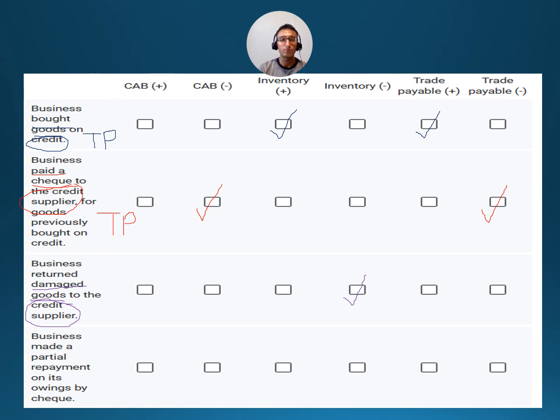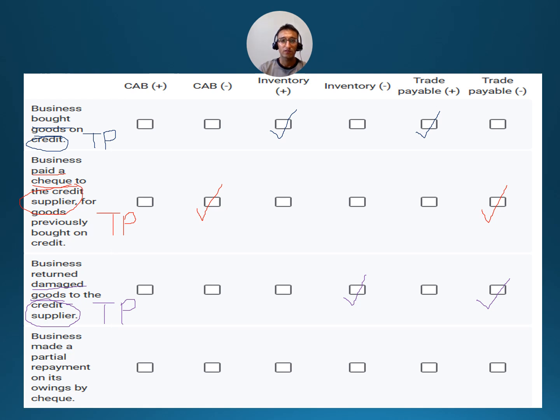By now you should be very familiar that credit supplier will affect the trade payable account. So let's consider what would happen to the owing to the supplier when this happens. When the business returns goods to the supplier, the business will owe the supplier less.